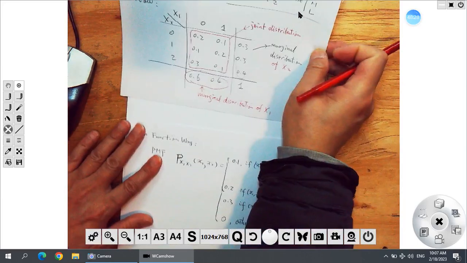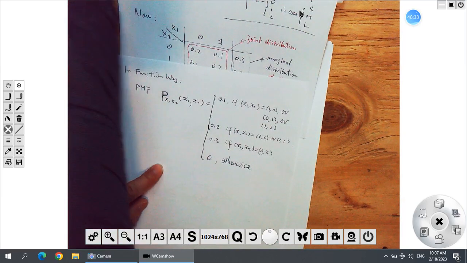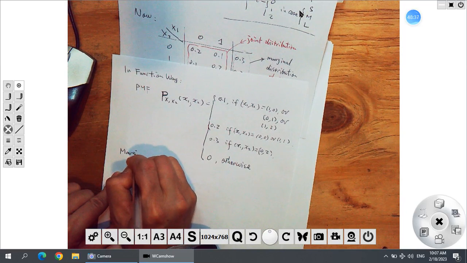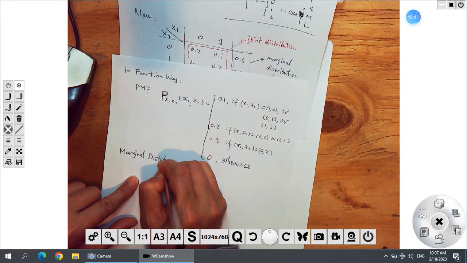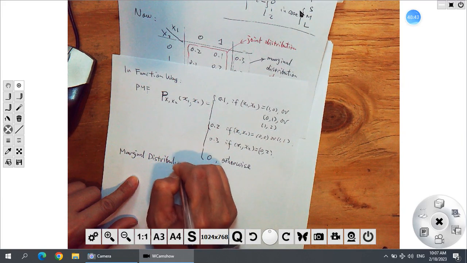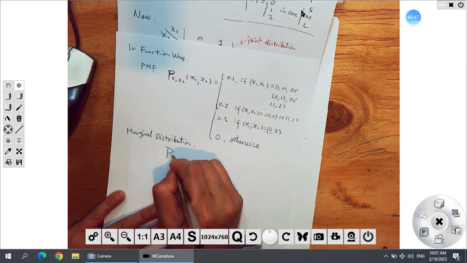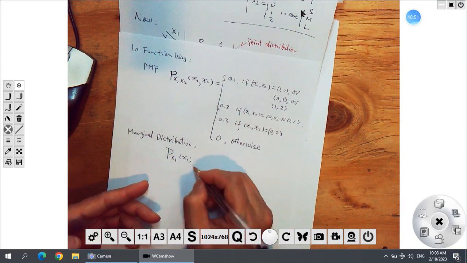And here we can also write the marginal distribution. We have p of x1, which is just the same as the one-dimensional case.